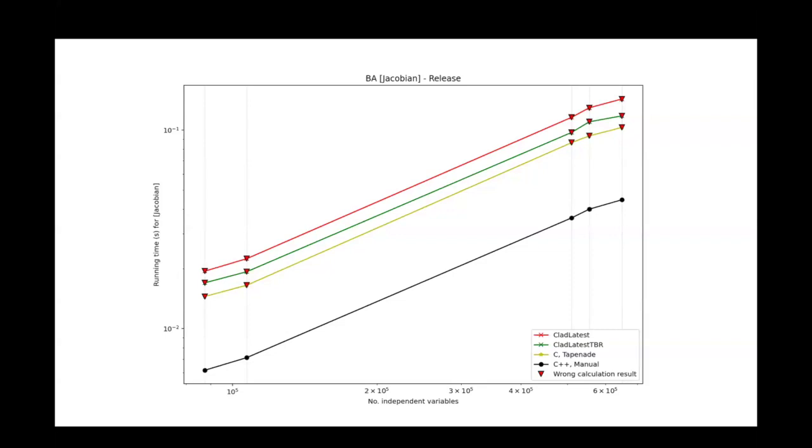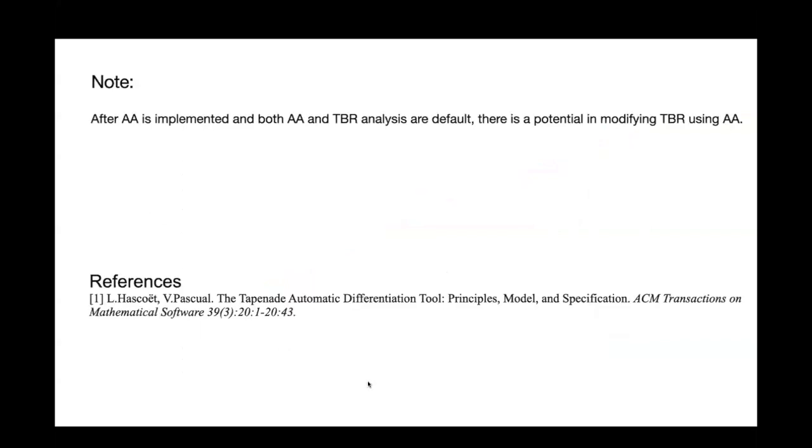So let's compare. Currently, CLAD does not work as efficiently as we want it to, and it is represented by the red graph. After the release of activity analysis, it would significantly improve, and our ultimate goal is to basically make CLAD work as well as manual differentiation.